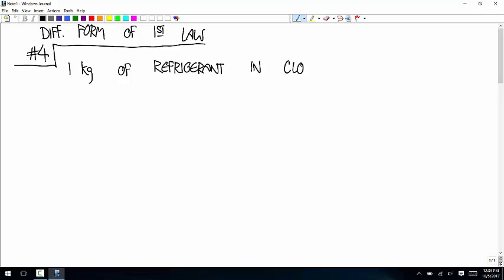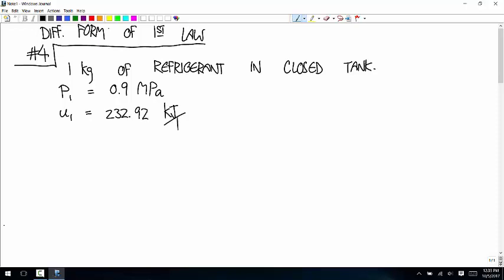in a closed tank. It starts out with a pressure of 0.9 megapascals and a specific internal energy of 232.92 kilojoules per kilogram.